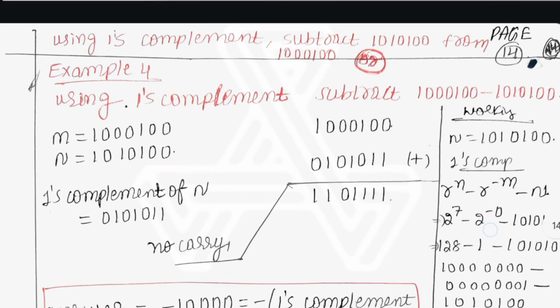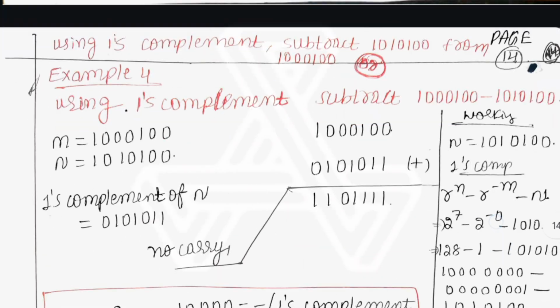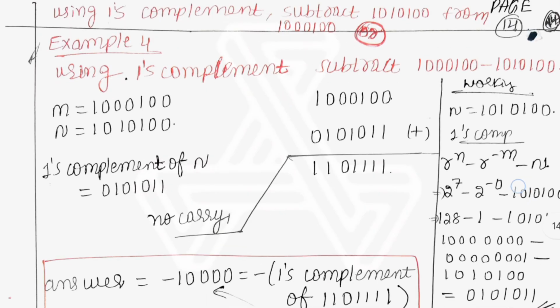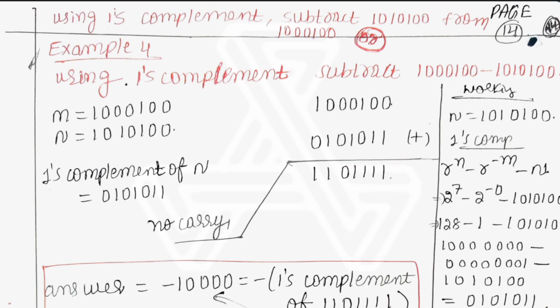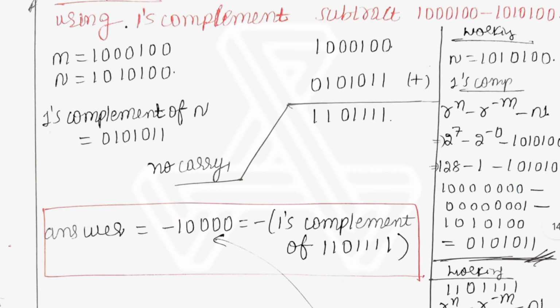Next, using 1's complement, subtract this. The first procedure is that we should find the complement of n. Then we have to add it to m and we will get some answer. We should see whether it has a carry or not. If it has a carry, in r minus 1's complement we should add it to the answer.